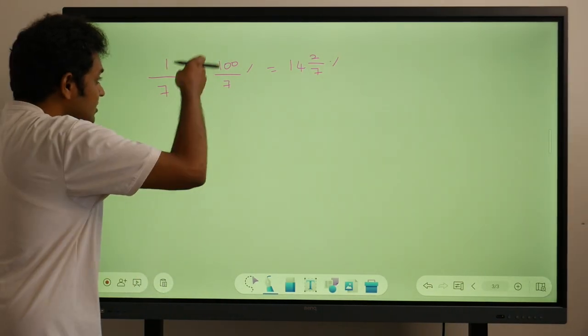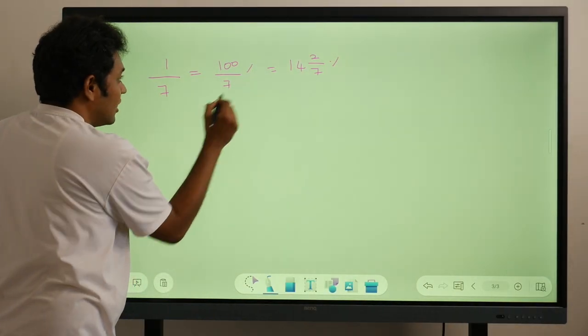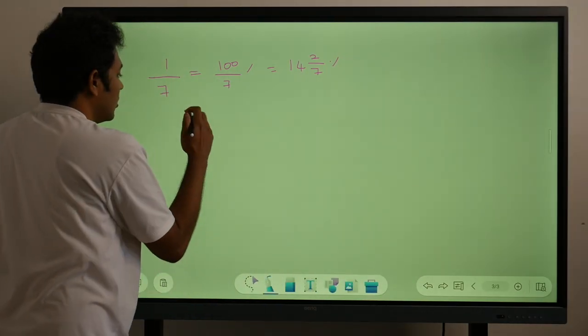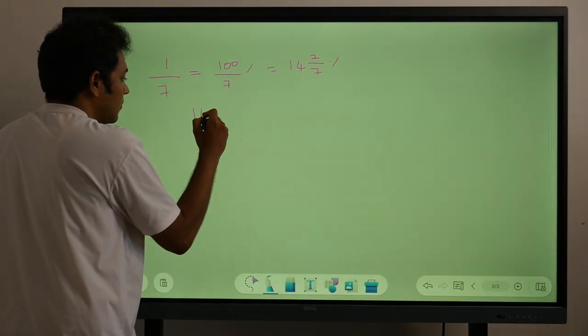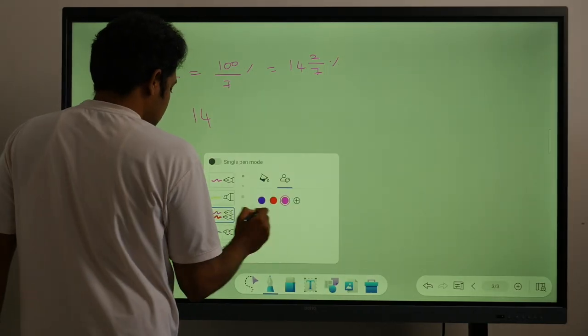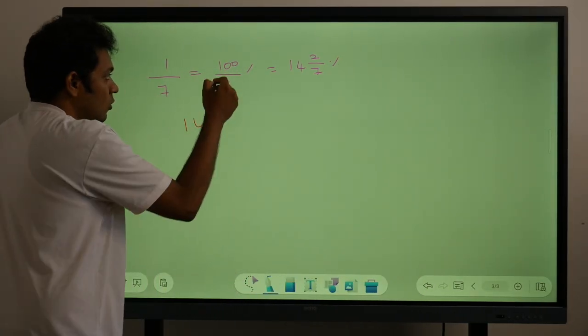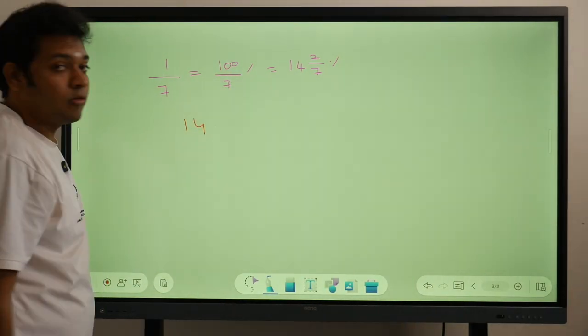Right. Or the same thing, if you have to write it in recurring decimal, 100 by 7 is nothing but 14 point... 1 7 is 7, carry 3, 4 7s are 28, carry 2, so I'll have a point here.